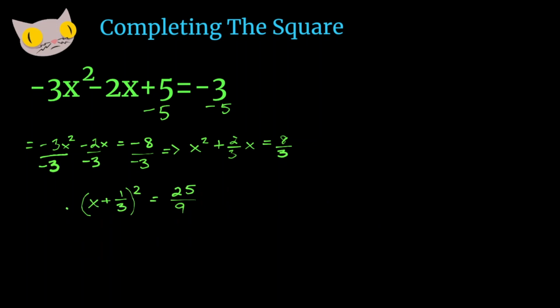So now let's go ahead and take the square root on both sides. That's going to give us x plus 1/3 is equal to 5 over 3. And don't forget your plus or minus sign. And then finally, to get the x by itself, let's subtract 1/3 from both sides.